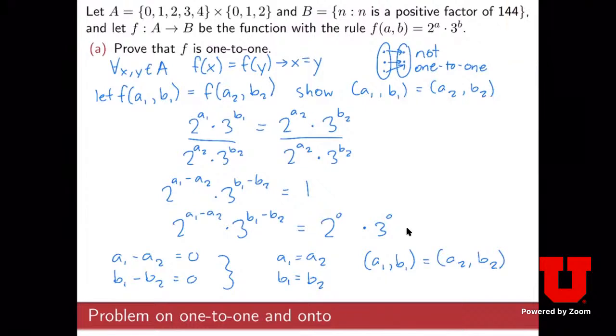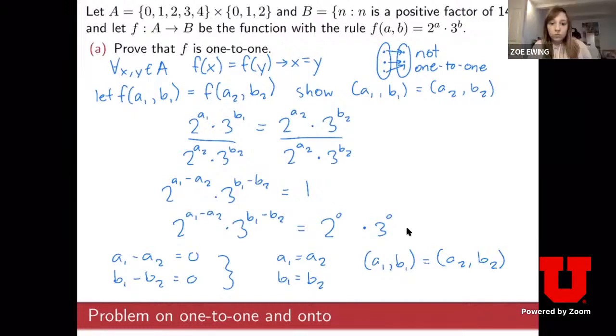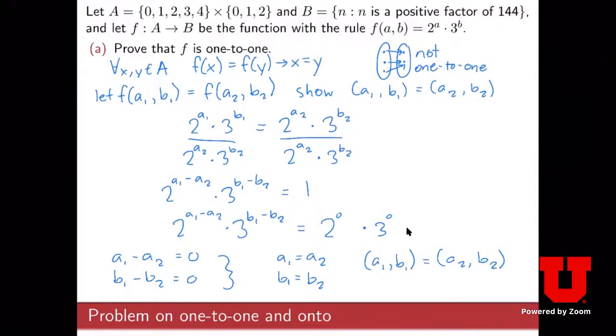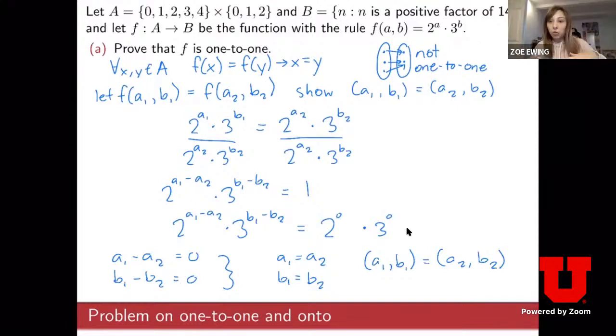I have a quick question. Why is it equal to 1 when a1 and a2 could be different? Do you mean this step right here? Yes. Okay, so we divided both of these sides by the right-hand term. So this whole thing simplifies down to 1 because it's the same thing over the same thing. And this side doesn't simplify down to 1, it simplifies down to this term, which we just used laws of exponents to get to.